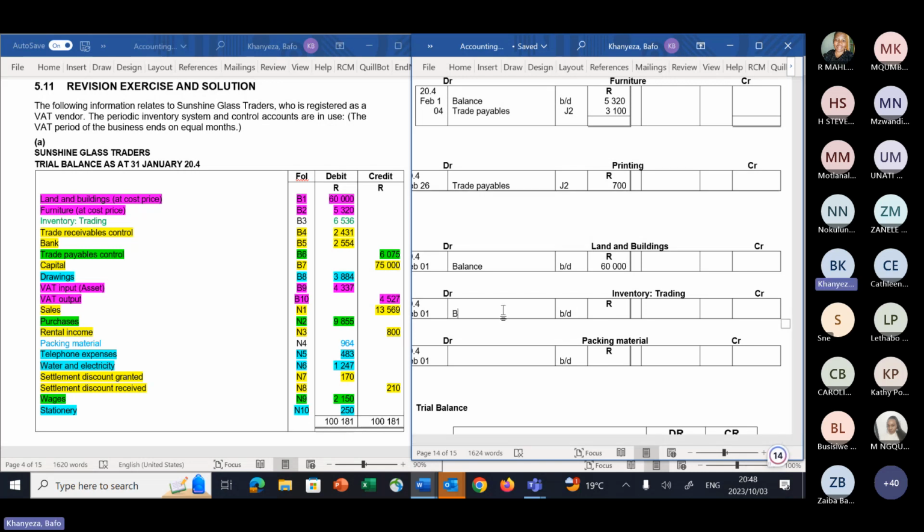Inventory is going to be balanced. 5320.